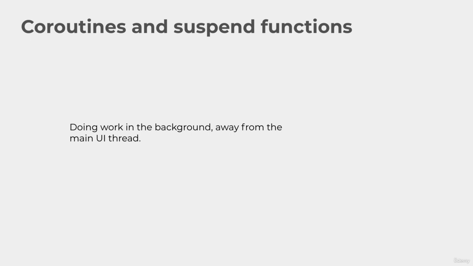So we don't want to bog down the UI thread, because then our applications will stop being responsive. Ultimately, the operating system will shut them down, and that's not good, right? So that is the nutshell of coroutines, suspend functions, flows and so forth.